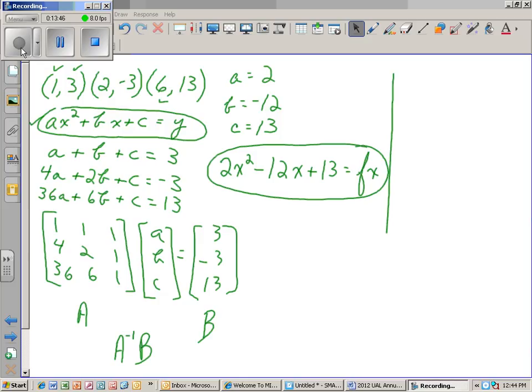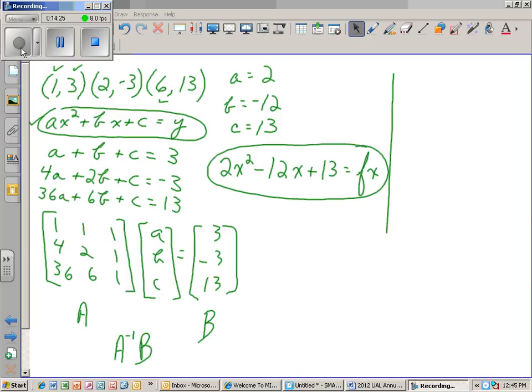And what we want to do is edit. Under L1, we're going to put the x values of the points that I just gave you: 1, 2, and 6. Then I'll scroll over, and under L2, I'm going to put in my y values, which are 3, negative 3, and 13.